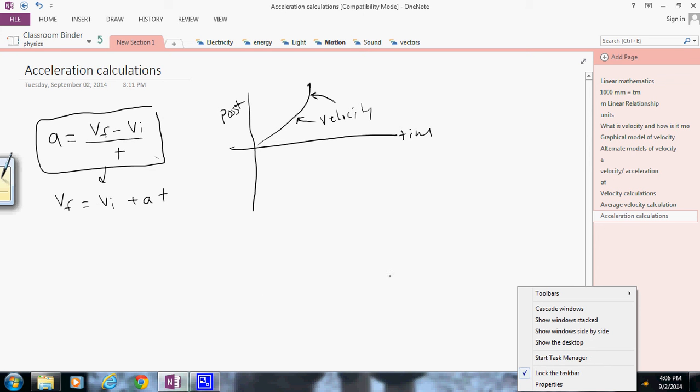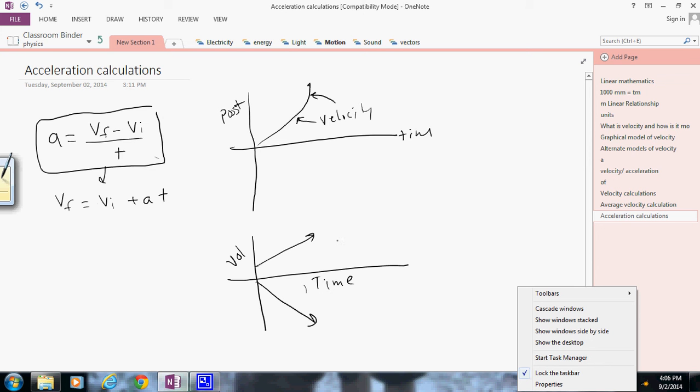Now, if I were to do a graph that looks like this, we have velocity on the y-axis and time on the x-axis. Then, for example, something falls, it might be increasing in speed in a certain direction, or like this, or it could be something like this right here.